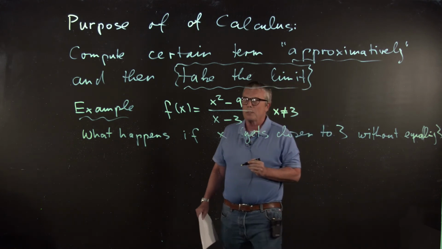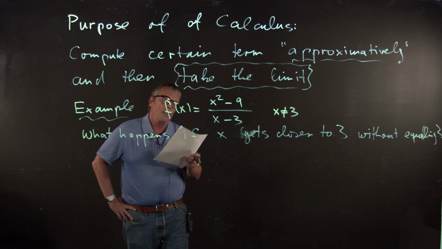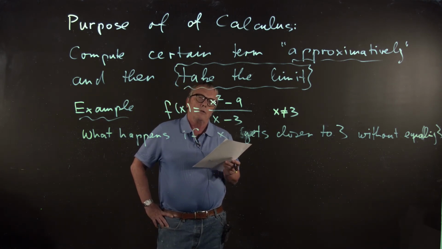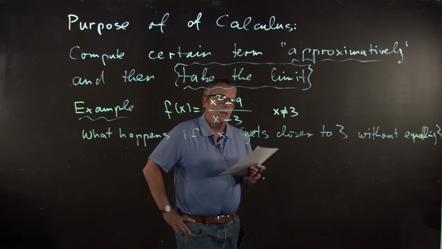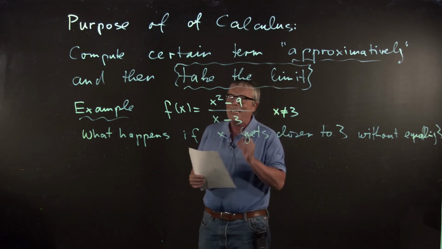Right? What happens with the function value f of x, which is x squared minus 9 divided by x minus 3, if x is getting closer and closer to 3 without being equal to 3?